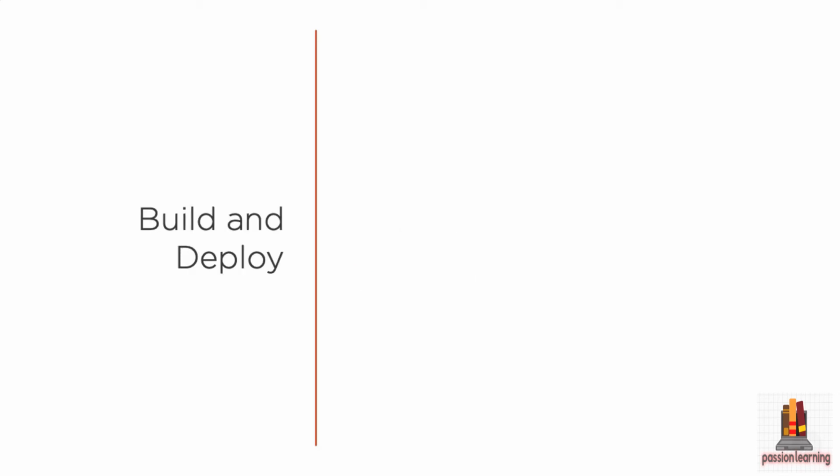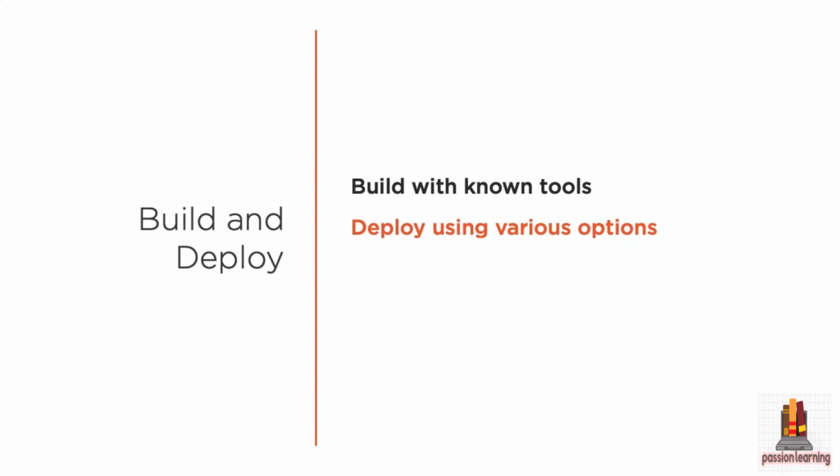As I mentioned, a number of the developer tools have the ability to build code and even right-click and deploy code, but that's probably not how you would do things in production. And the great thing about Azure is that for the most part, you can build with tools that are known to you. So if you have a build system in place today, a build server, for example, where you do continuous integration and continuous delivery, you can probably continue using that.